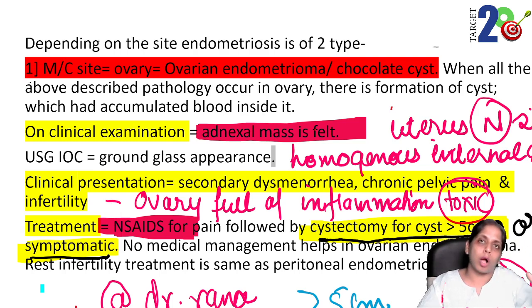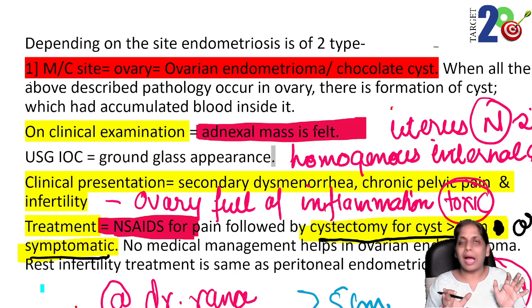We have only two options for the chocolate cyst. Number one is the SAT, and the other option is the cystectomy. You are not going to drain the cyst. IND नहीं करना है, aspiration नहीं करना है. Questions on these things are repeatedly asked in your exam.